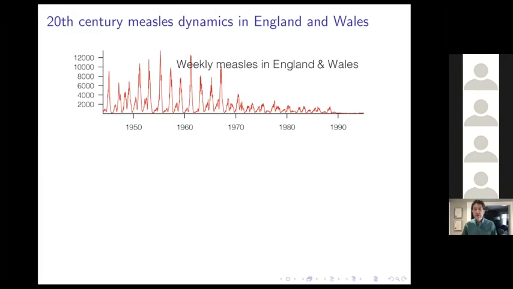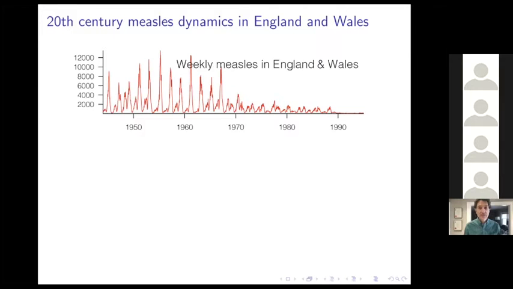So there are many great examples of such things, and one of the most famous is what I'm showing here, which is the weekly reported cases of measles in England and Wales over the second half of the 20th century. And this is a very interesting pattern.